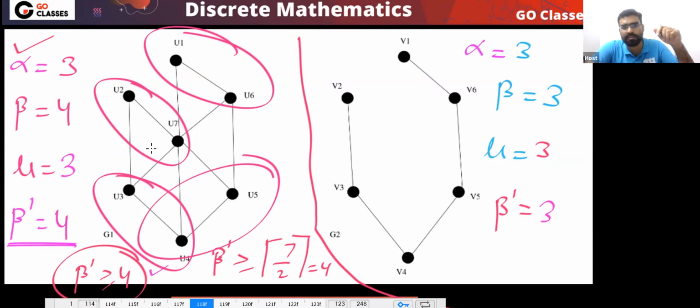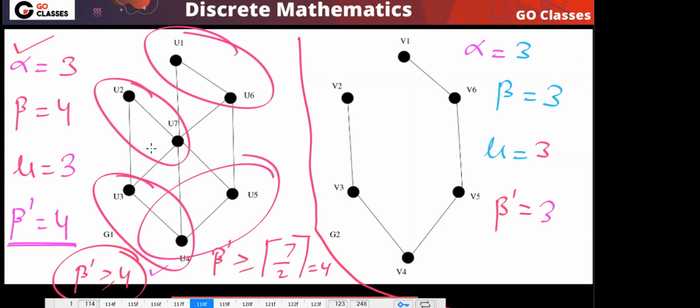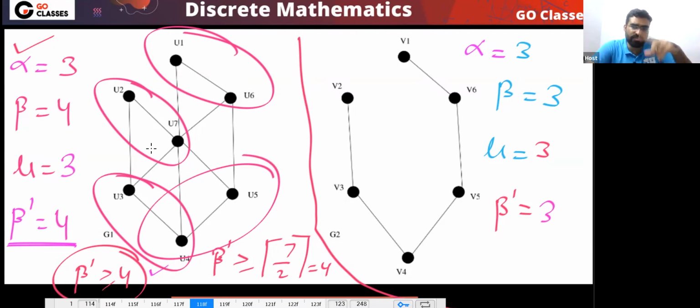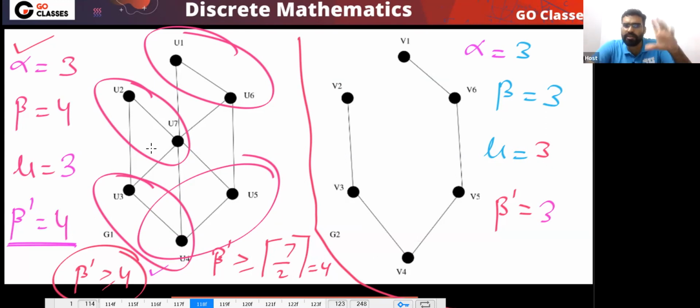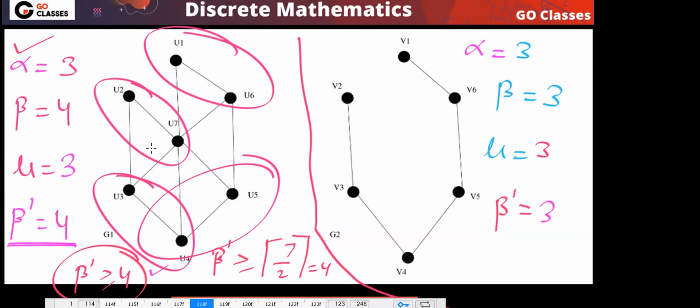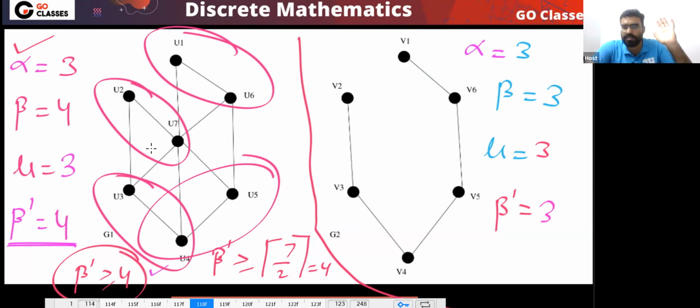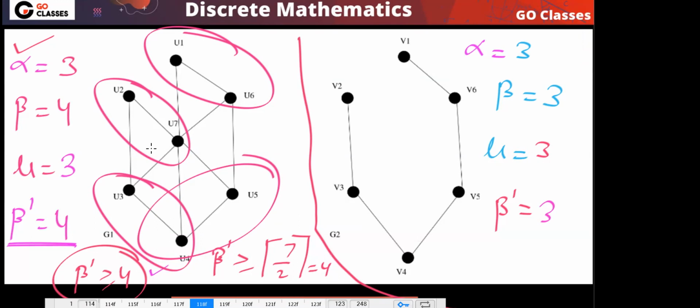We are not talking about matching, we are talking about edge cover. Edge cover means edges which will cover all the vertices. We don't care about repetition. We only want to cover all the vertices. These 4 edges that I have created will cover all the vertices. So the answer is beta dash equal to 4.